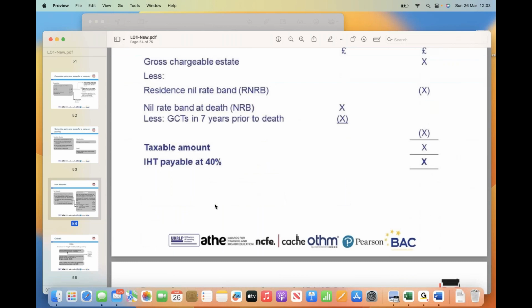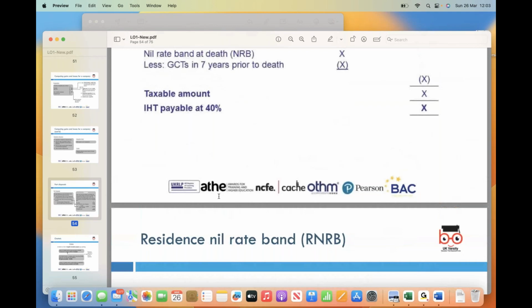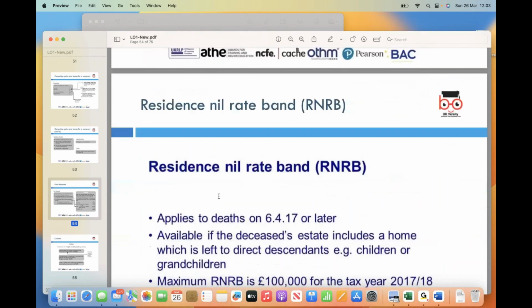Well, to be honest, this is too much in my point of view, 40%, isn't it? But after deductions, even when they are deducting funeral costs and these kinds of things, it's still 40%. I think it only applies if the house value is over 320, or 325, approximately.